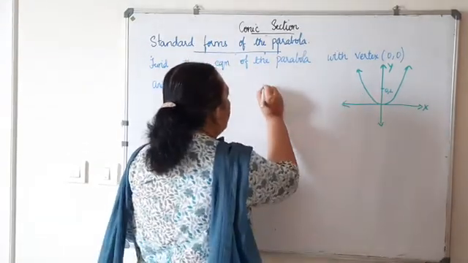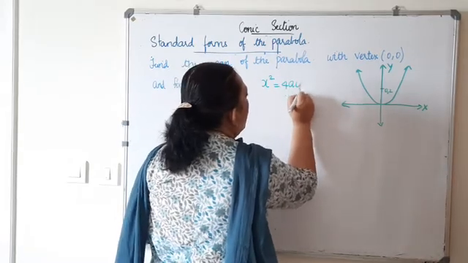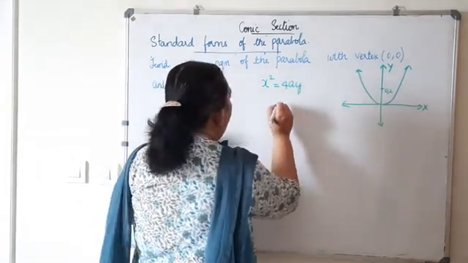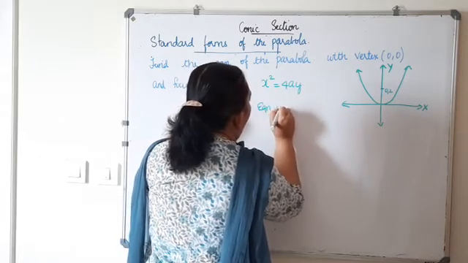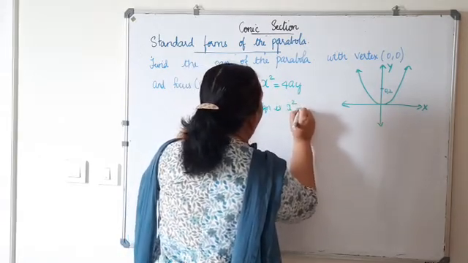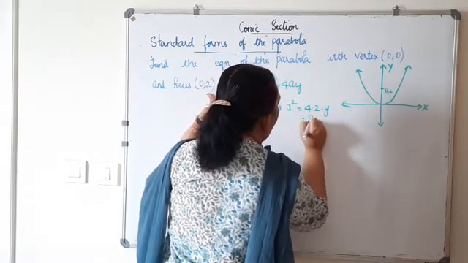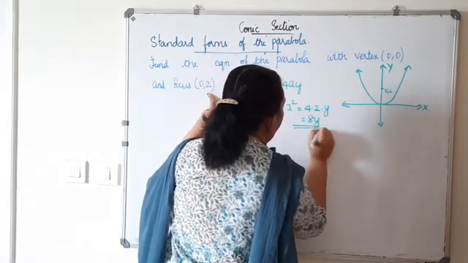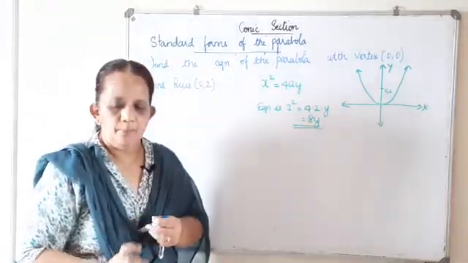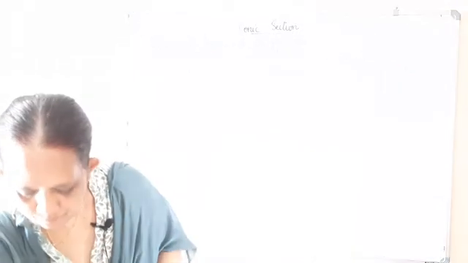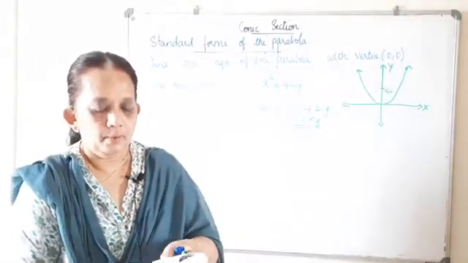So, what is the standard form of the parabola? X squared is equal to 4ay. So, here a is equal to 2. Equation is x squared is equal to 4 into 2 into y, that is equal to 8y. So, this is the parabola. X squared is equal to 8y.